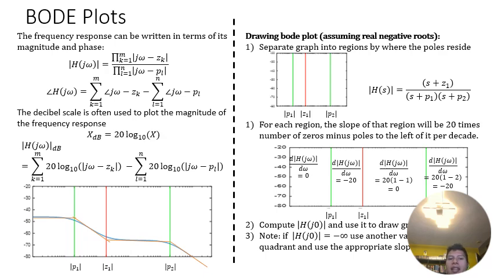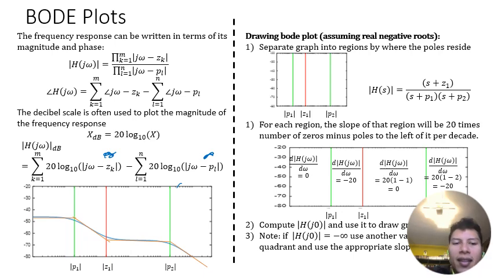Now, there's actually a shortcut kind of way, and I'm going to tell you what it is. If you looked at our approximation, whenever the zero or pole was bigger than the value of omega, you have the log of a constant, or the log of that zero or pole. So that means there's no slope.